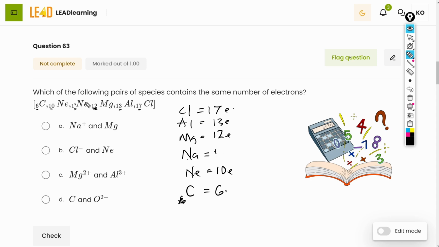Okay, so it's supposed to be sodium ion. Now sodium, if it has 11 protons here, because it has lost one of its electrons, it actually has 10 electrons. So this is supposed to be sodium ion. So our correct answer now should be sodium ion and neon.